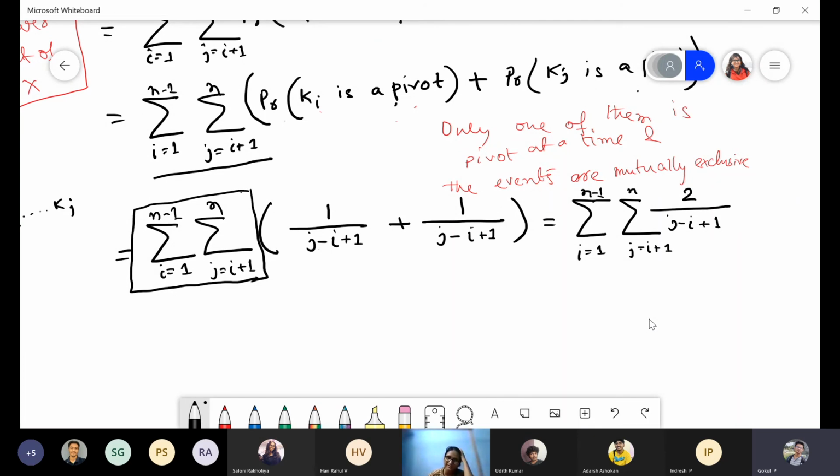You tell me some array. 1, 2, 3, 4, 5. See, here what we are doing is comparing all possible values. So j and i, these are variables only. You can take any of the values from this range, 1 to n minus 1 and i plus 1 to n. You can put them here, and that will give you a specific case.